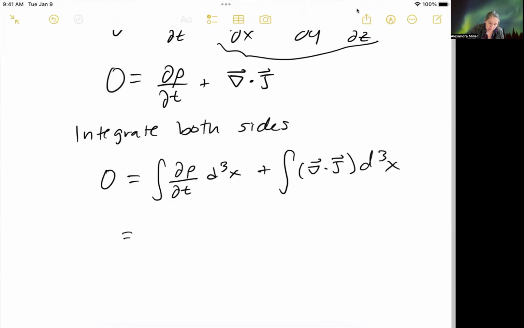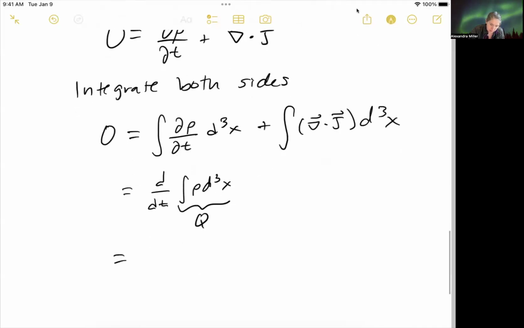Now, this first term on the right-hand side, we can just reverse the order. Here it looks like we're taking the derivative, then integrating. Instead, we're going to pull that derivative out and do the integral first, because then you notice that this thing is just the total charge Q. So this is dQ dt.